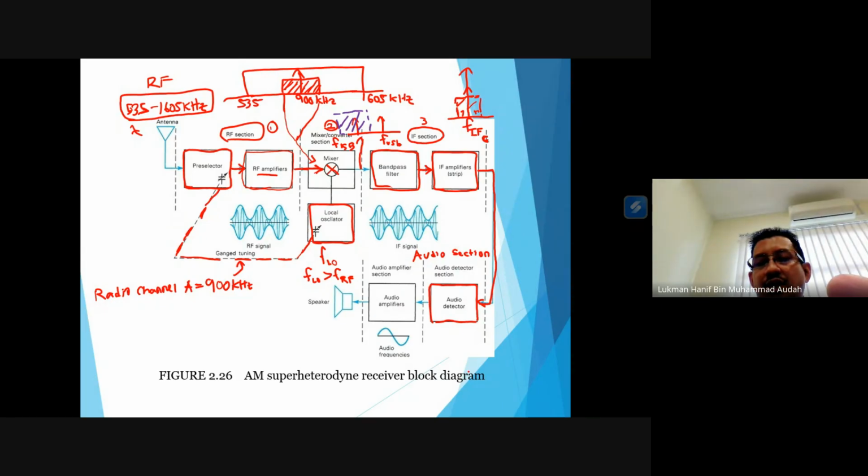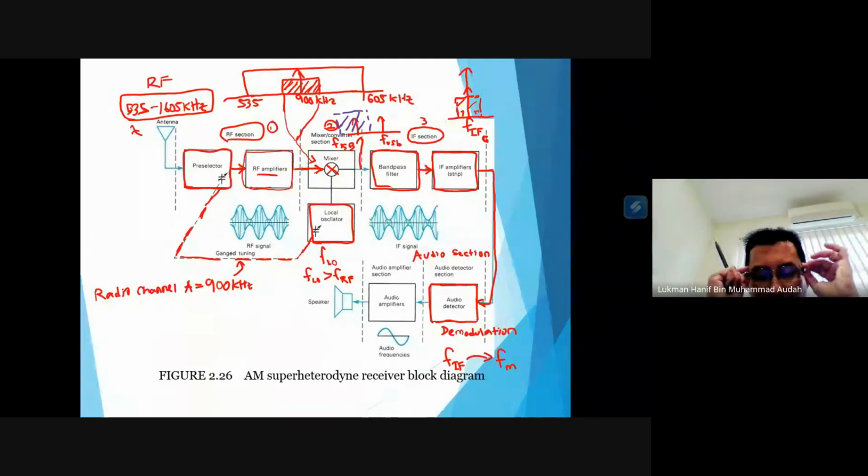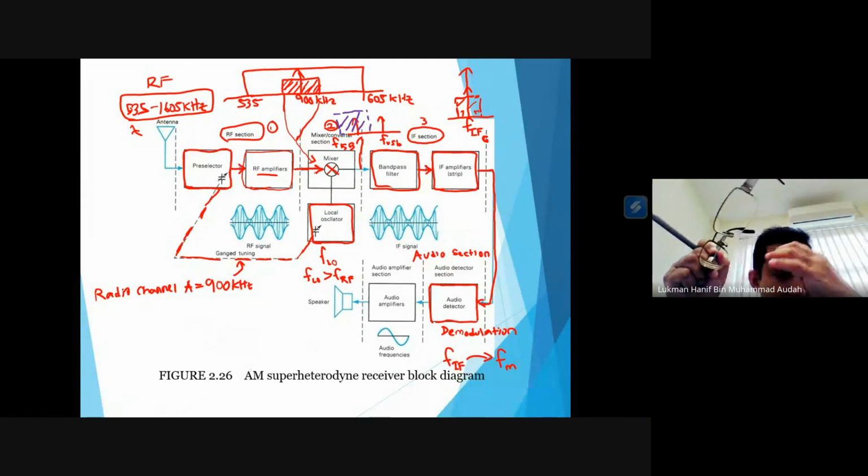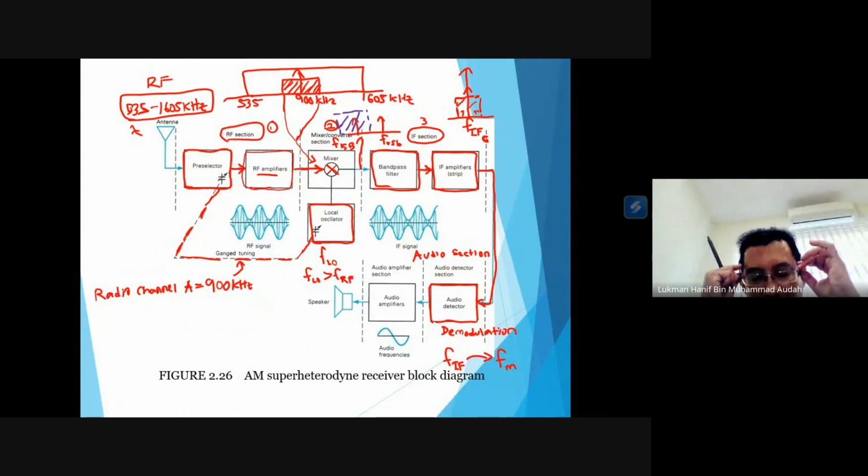That means we are going to down convert, to translate the frequencies from FIF, the intermediate frequency, to become F of the message. So this is the demodulation process. Demodulation allows us to produce the original frequencies at the output.